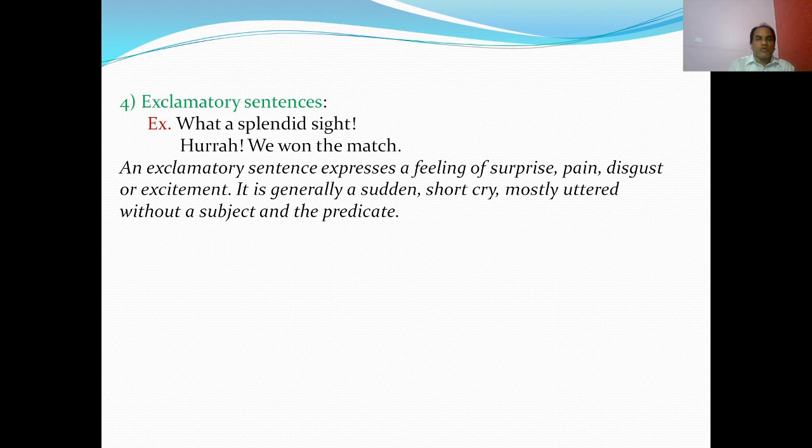Okay. So let us discuss exclamatory sentences. Exclamatory sentences mean: What a splendid sight! Hooray, we won the match! So these are exclamatory sentences. An exclamatory sentence expresses a feeling of surprise, pain, disgust, or excitement.